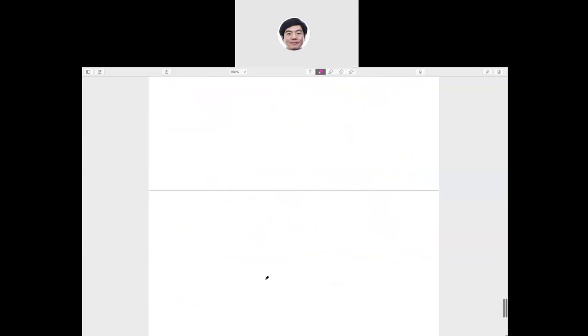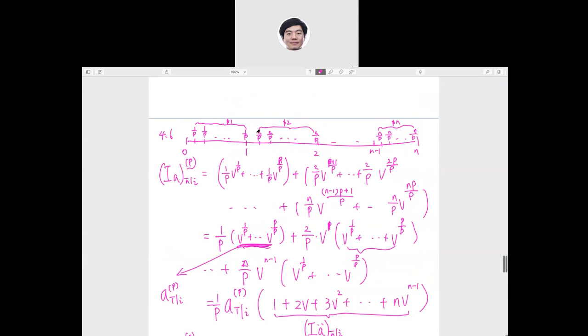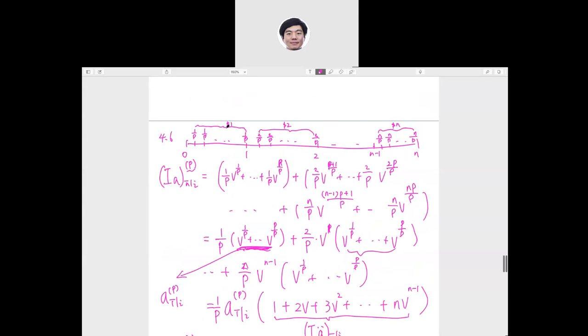for this review. The last one, the difference is how the payments are changing. So previously in this one, what we know is the increase is for each year, right? So in the first year is 1, in the second year is 2, but within 1 year, within the first year, all the payments are the same, 1 over p.